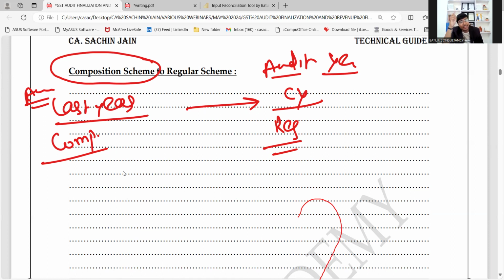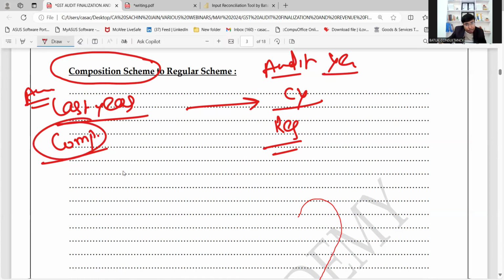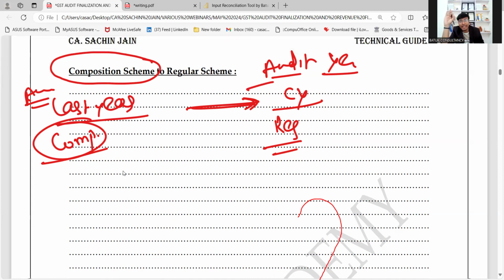So in that case, while that person was under the composition scheme, at that time that person was paying the output tax at a concessional rate, okay. That person is not going to pay at a higher rate, and is making the payment of taxes at a concessional rate and not claiming the input tax credit, okay. Now suppose that person converts to a regular person, so now that person is going to pay taxes at a regular rate, and will be eligible to claim the input tax credit.